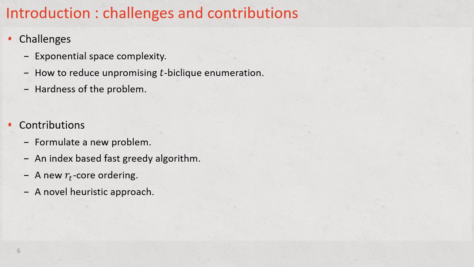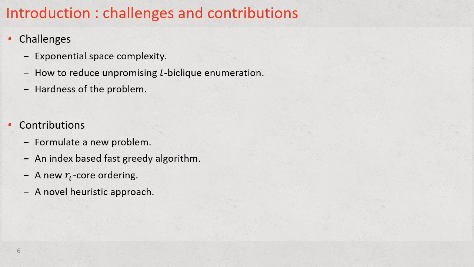We now discuss the challenges and contributions for the problem. The three major challenges faced for the problem are, first, exponential space complexity, since the straightforward greedy approach has to store all the enumerated t-Bicliques, which is impractical for large datasets as the number of t-Bicliques requires exponential space.